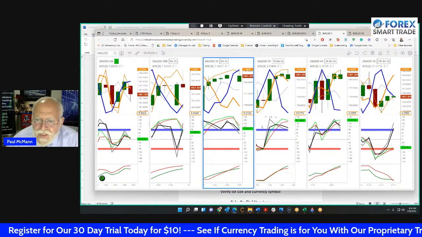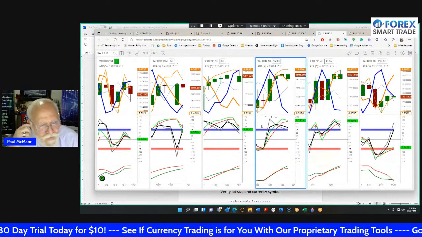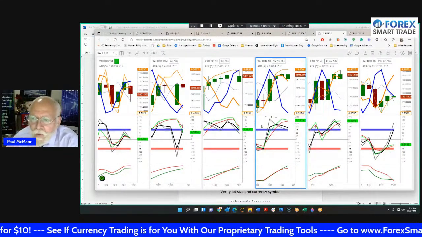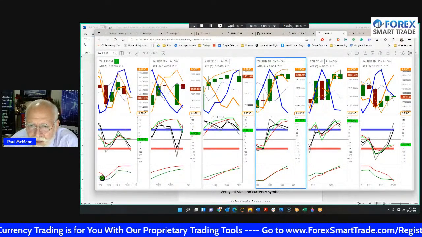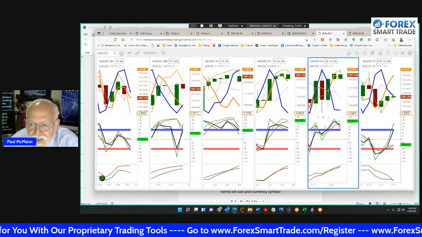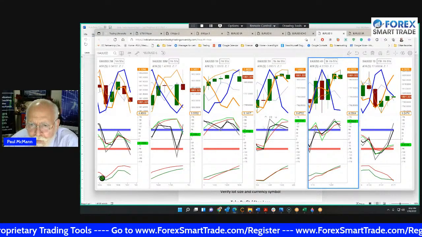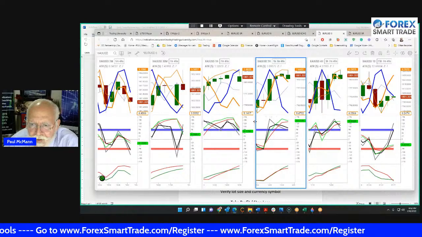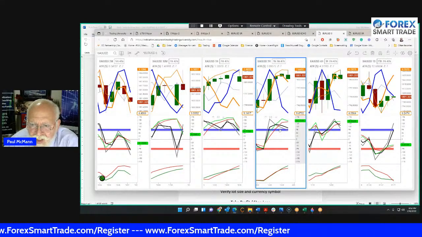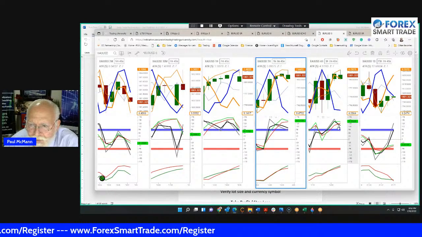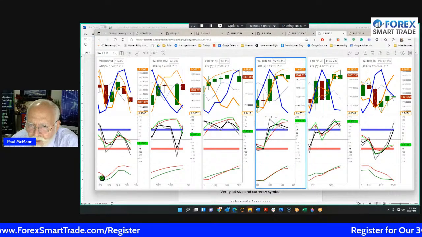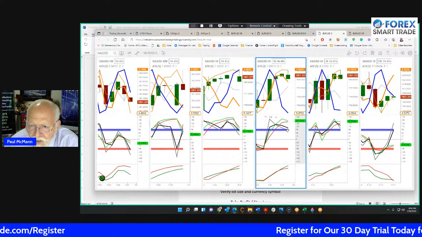So what I want to do is I want confirmation from the 2 hour and the 4 hour that we're overbought. Doesn't have to be going down, but I want them overbought, because if we're overbought here, eventually it will come down. So here we're overbought. The minors have started to come down.